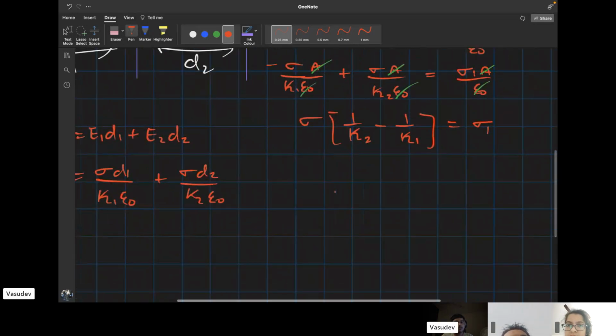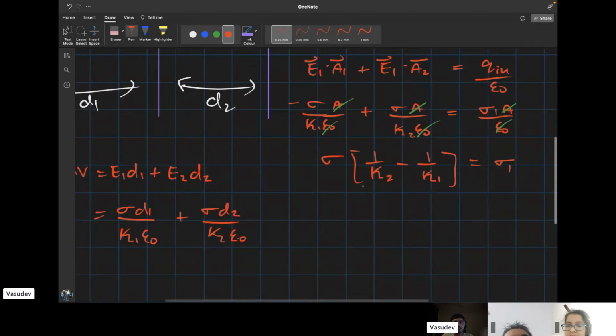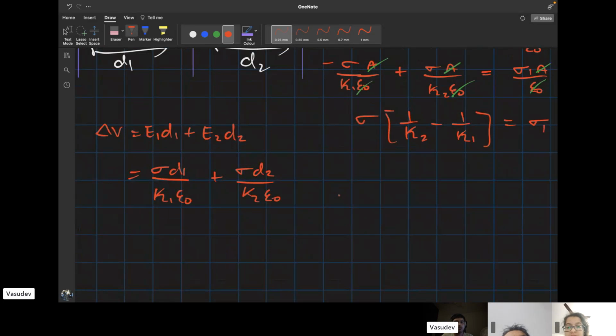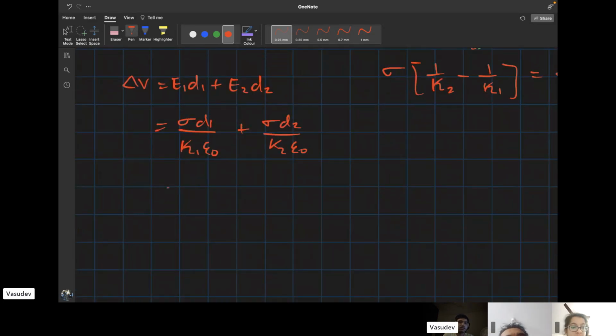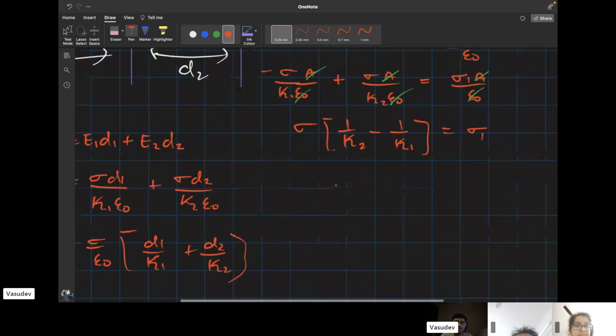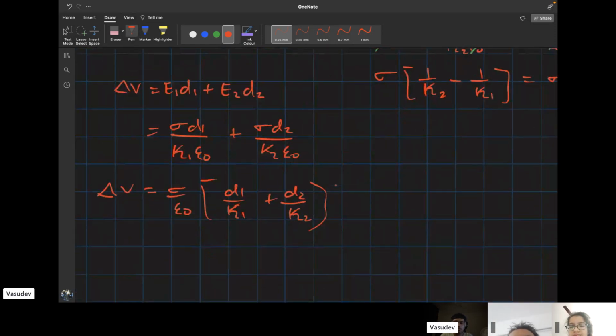As long as they're in there, I don't see any way of directly associating this with that, although we have everything else. If you just took a sigma over epsilon naught out, this would end up looking very similar to that equation we have right there: D1 by kappa 1 plus D2 by kappa 2. It's just the D's that are in the way. What am I missing here?